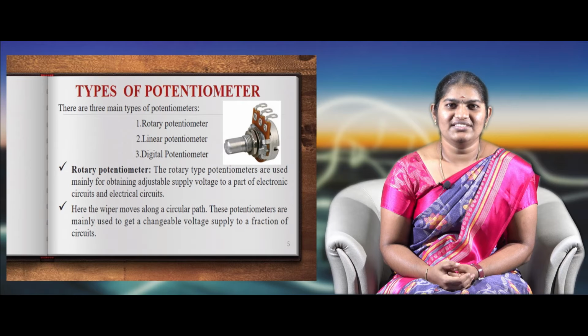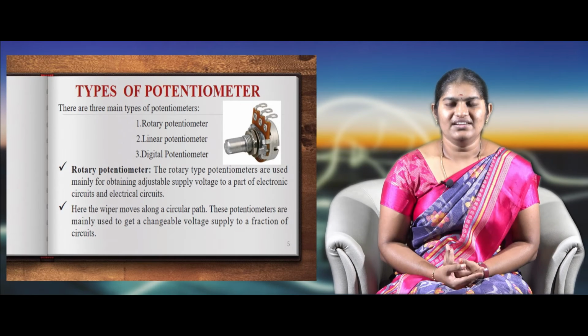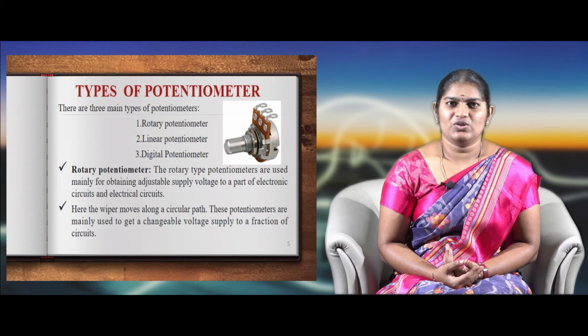Next we are going to discuss different types of potentiometer. There are three main kinds of potentiometer: first, rotary potentiometer; second, linear potentiometer; third, digital potentiometer. First we are going to discuss the rotary potentiometer. Rotary type potentiometers are mainly used for adjusting a supply voltage as part of electrical and electronic circuits. Here the wiper moves along a circular path.